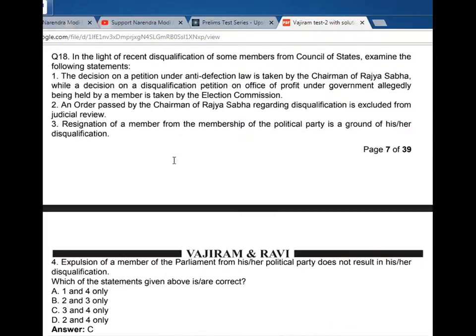And 4: expulsion of a member of the Parliament from his political party does not result in his disqualification. But the others are not correct. The decision of the petition under the anti-defection law being taken by the chairman of the Rajya Sabha is not correct. The decision of the chairman of the Rajya Sabha regarding disqualification being excluded from judicial review is not correct.